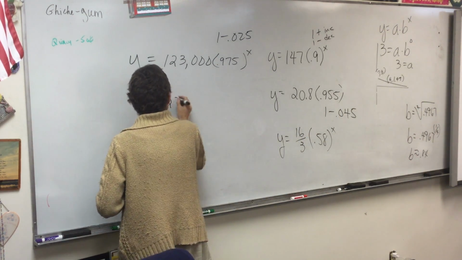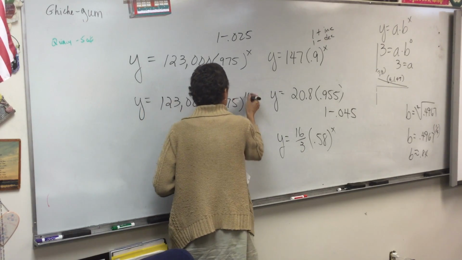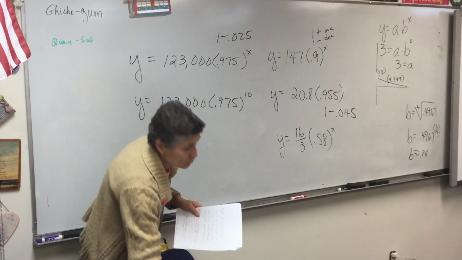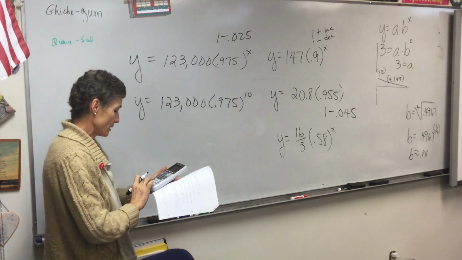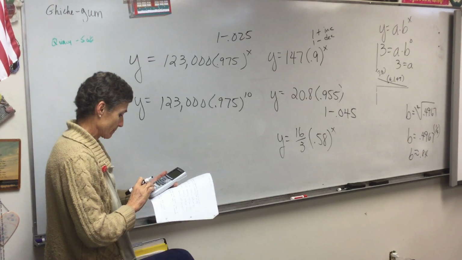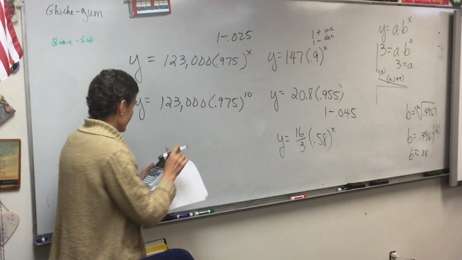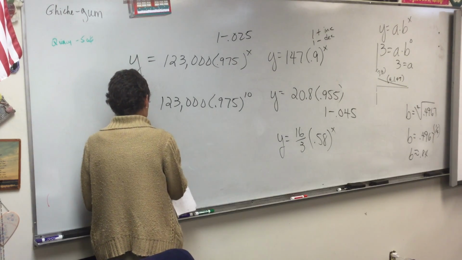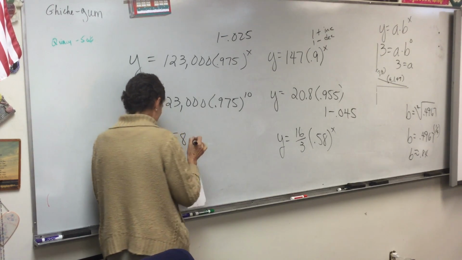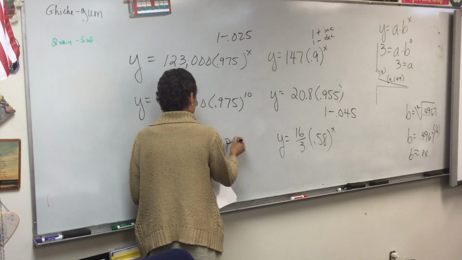So I'll take 123,000, multiply it by 0.975 to the 10. So here we go on our calculators. And I have about 158,438 people.